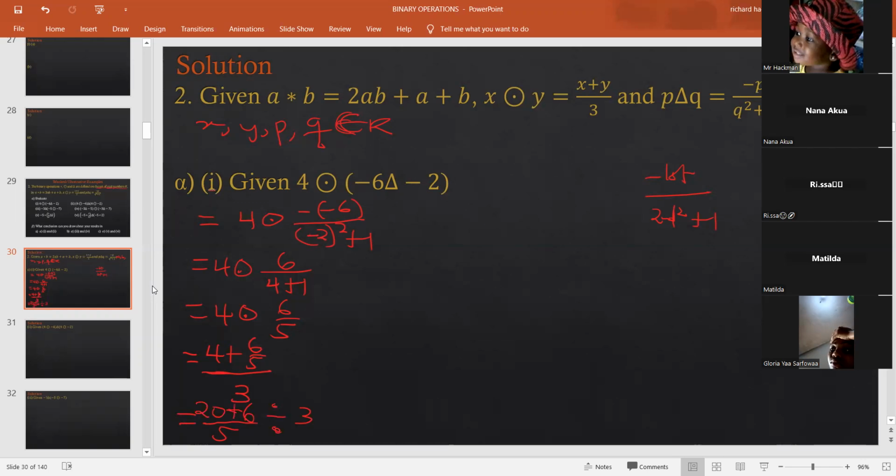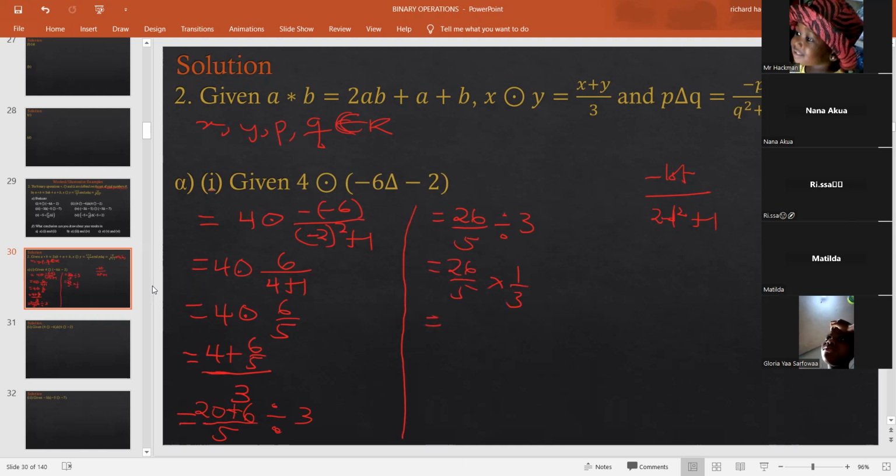So if I continue, this is going to be my continuation. I'm going to get this to be equal to 20 plus 6, which will give me 26 over 5, then divided by 3. So in effect, I'm going to get 26 over 5, then times 1 over 3. Do you agree? Yes.